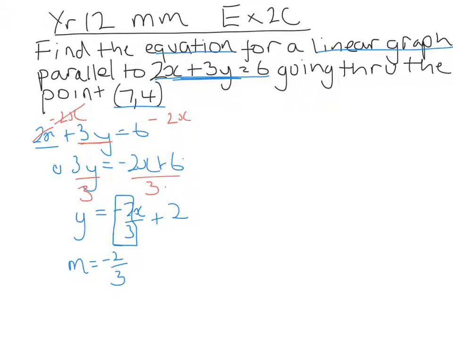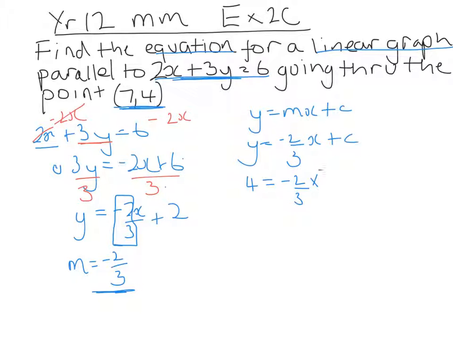Right, now the equation for the line that I want to find will have this gradient and go through this point. So if we say y equals mx plus c, and in place of the gradient we put in minus 2/3, and then we substitute in this point where y is equal to 4 and x is equal to 7, we'll be able to figure out c.